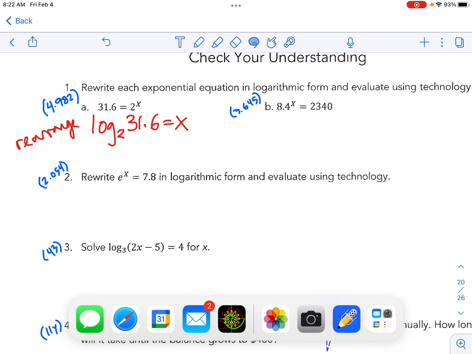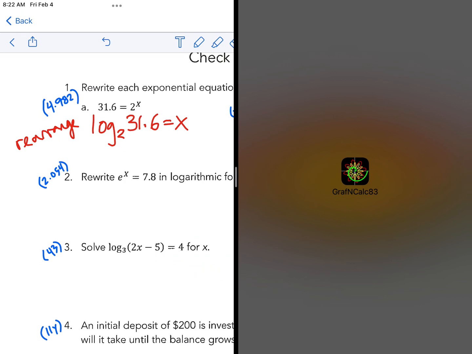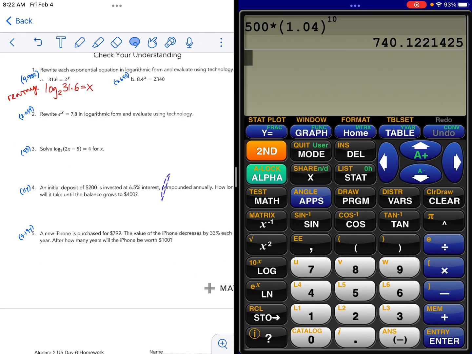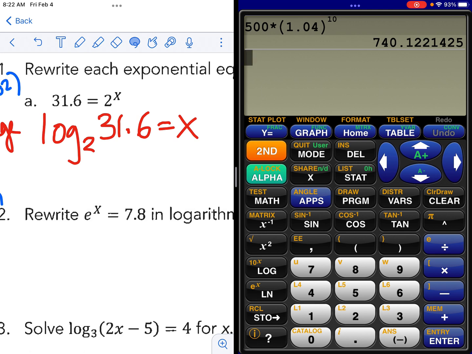And we could guess and check, but just in practical use here, the way we get this answer is we use our calculator. Okay, so we're going to calculate this.